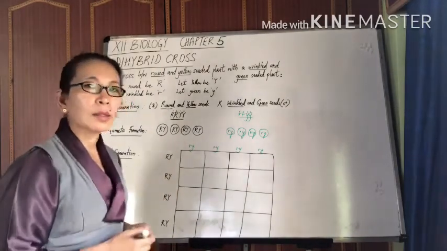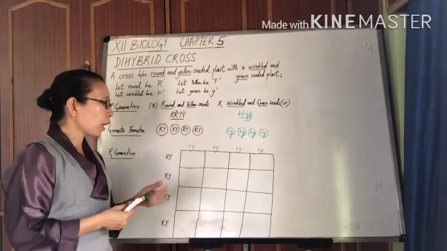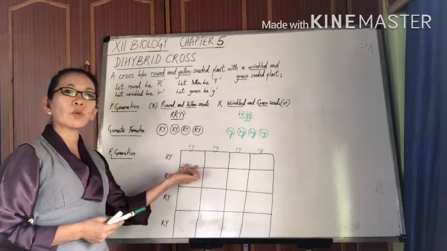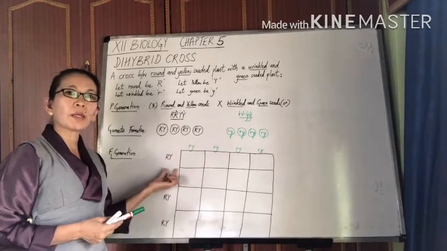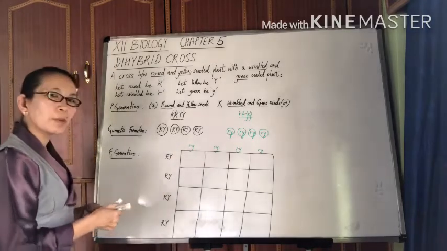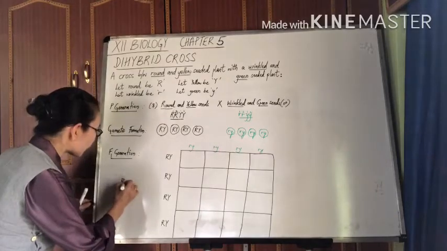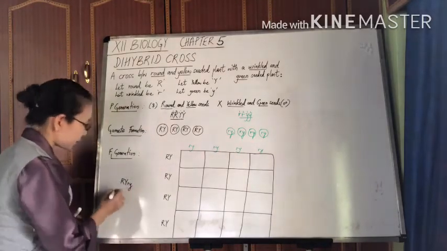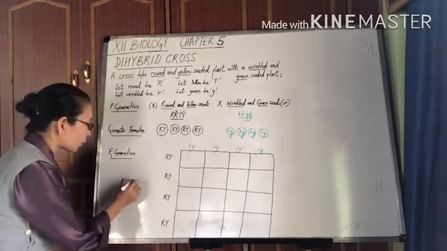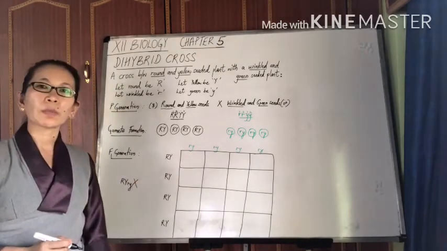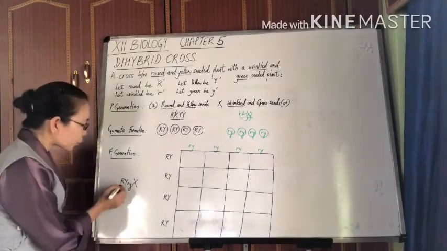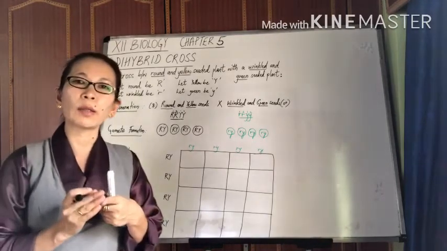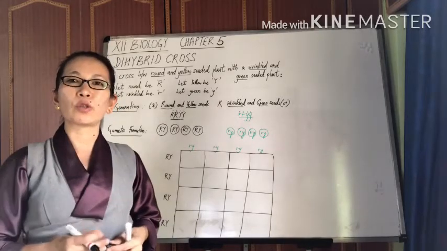For example, here we have to combine capital R, capital Y with small r, small y in this box. While making the combination, we will never be writing it like this: capital R, capital Y, small r, small y. This is not the way to write a genotype, because we always write the letters of the same trait together, followed by the second trait.